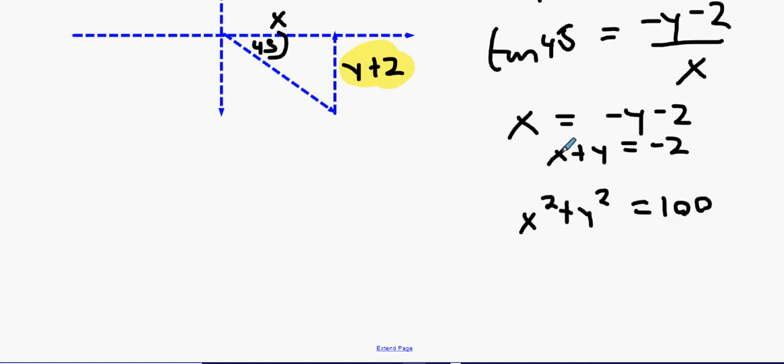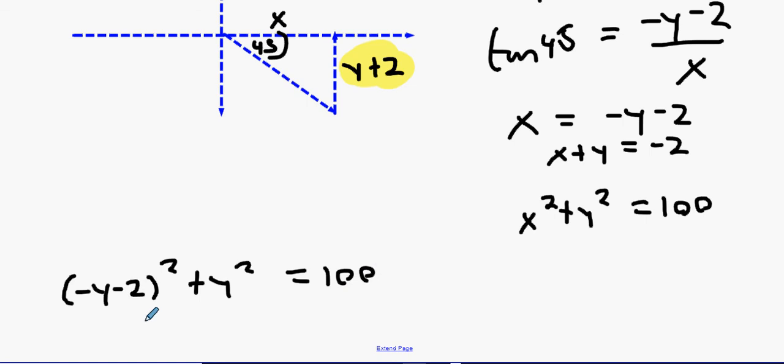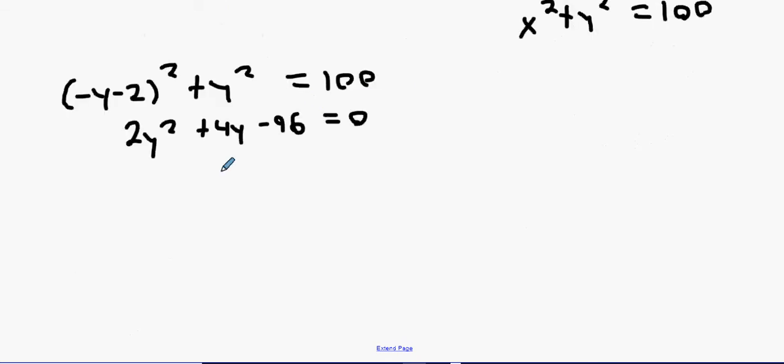Going to replace in x here. I'm going to get minus y minus 2 squared plus y squared equals 100. I'm going to get 2y squared plus 4y minus 96 equals 0. I'm going to solve that equation and I'm going to get two answers: y equals minus 8 and y equals 6.